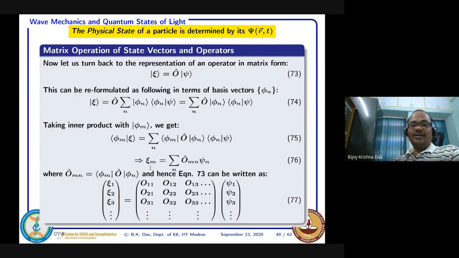Okay, it is not simple mathematics. Just try to visualize this a little bit: you are operating on psi, and psi has different components based on those basis vectors. That means the operator is operating on all the components, and all components contribute to xi in a certain direction.